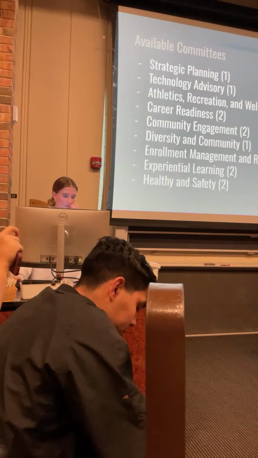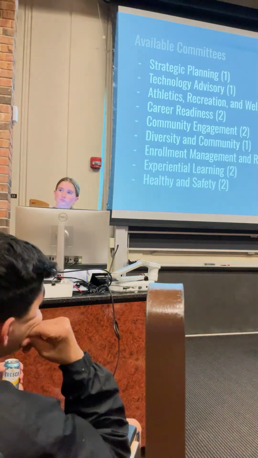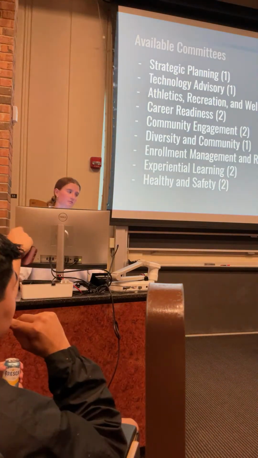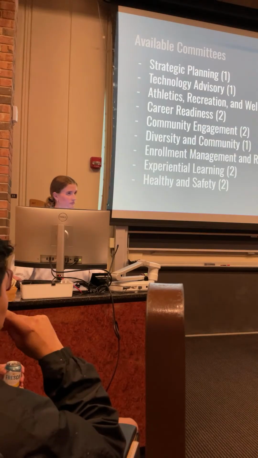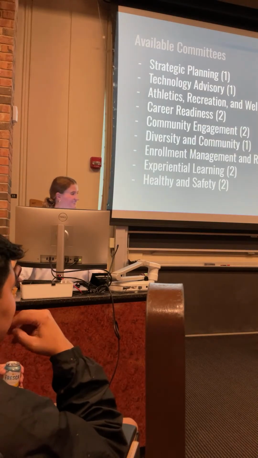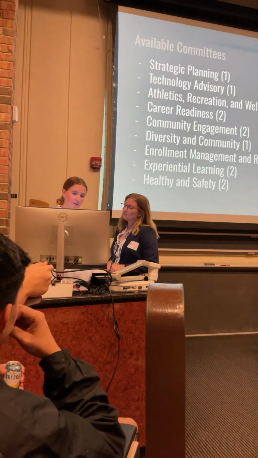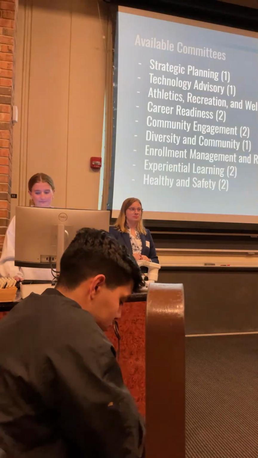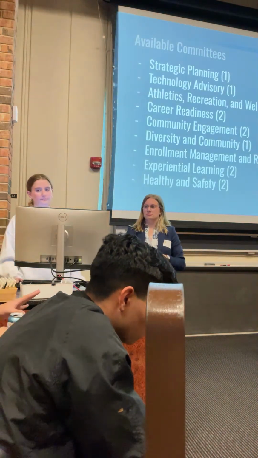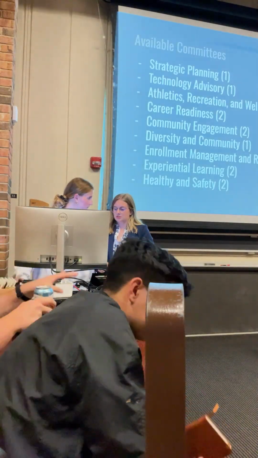Each of these committees reports to a specific vice president or person in the administration within the college, like the Director of Public Safety. Barb Hayes is the leader of the Health and Safety Committee. If you are really interested in one, pick one, go to those meetings, engage with that, and then you can continue your work throughout the years. You can do multiple, but it's your first year, and my first year mentor instincts are kicking in.